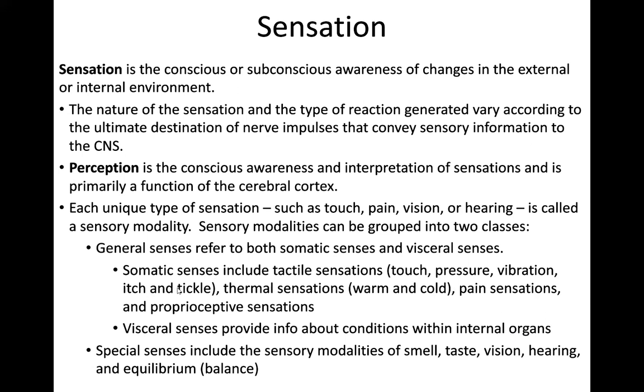What we'll talk more about, and not in great detail because, like I said, we'll spend more time talking about the specials, are the somatic senses. Somatic senses include what we call the tactile sensations: touch, pressure, vibration, itch, and tickle; thermal sensations, which would be warm and cold; pain; and then proprioceptive sensations, which allow us to have what we call proprioception, to be aware of where our body is and how it's oriented.